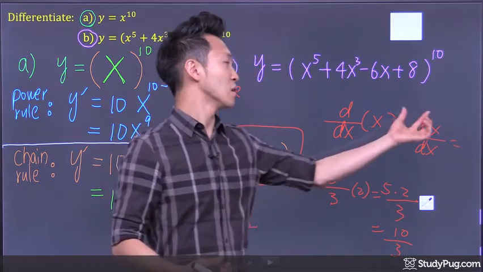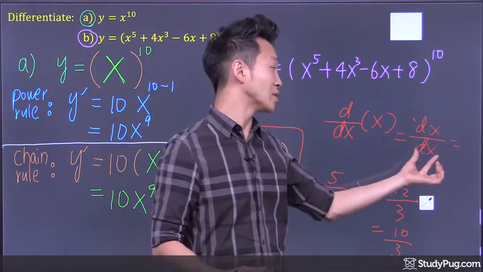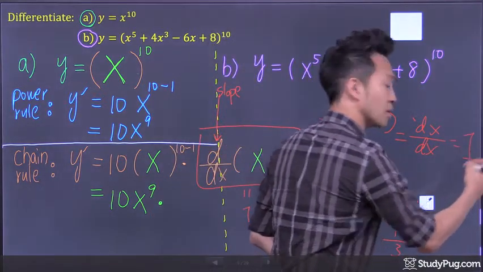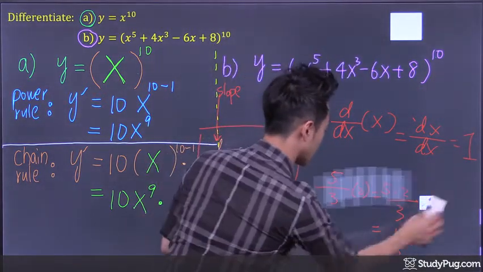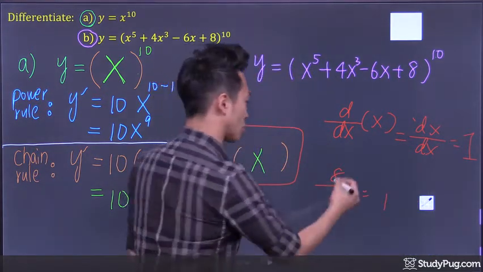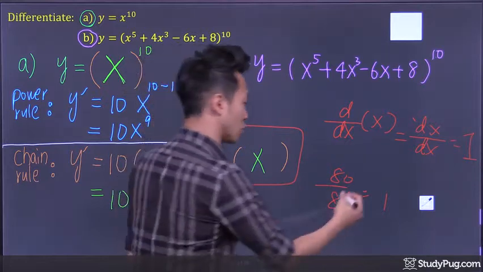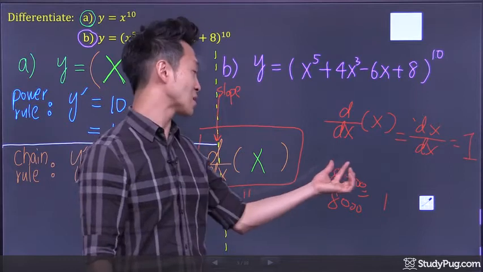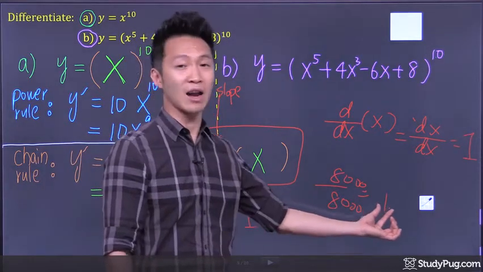And guys, whenever we have the same thing for numerator and denominator, that's going to give us a value of 1, right? You get it? It's like this. What's 8 over 8? That's 1. What's 80 over 80? That's 1. What's 8,000 over 8,000? That is still 1, right? So whenever we have the same thing for numerator and denominator, we get a value of 1.